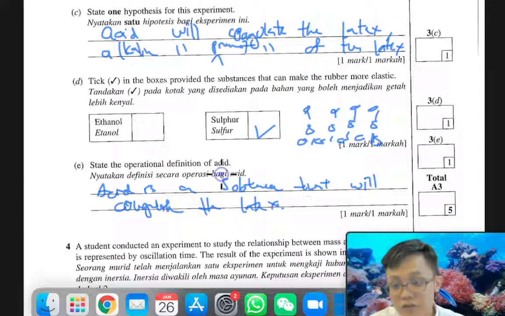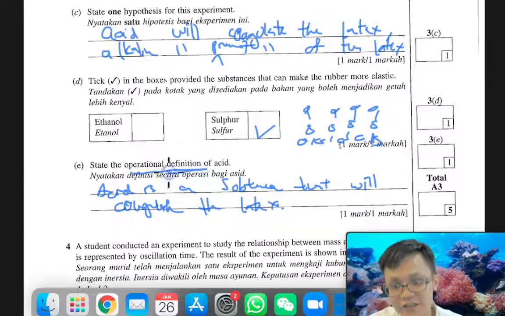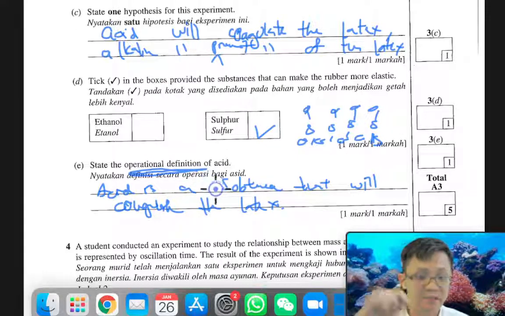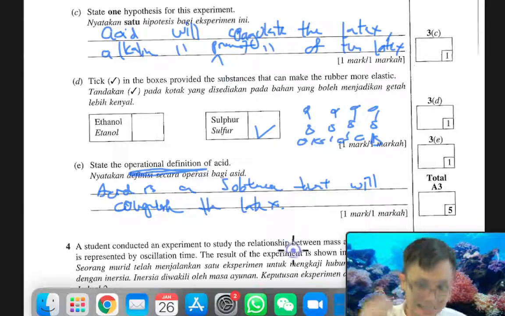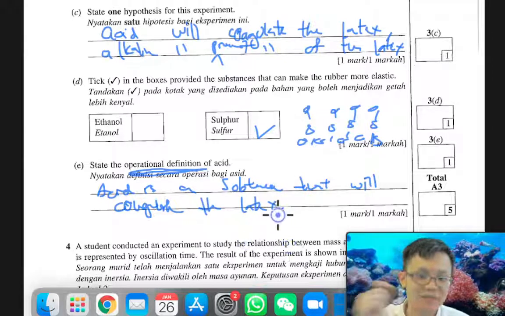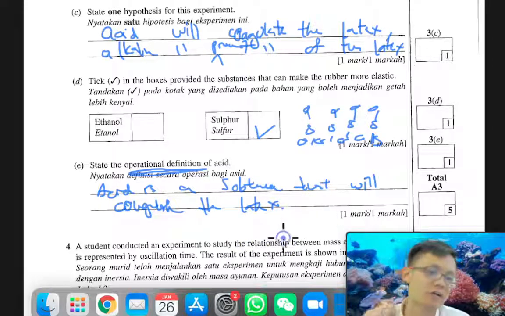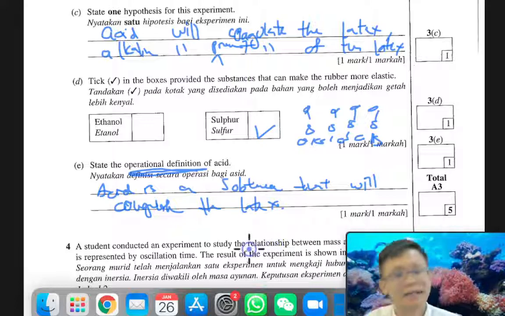Yes, very good. So again, operational definition is what you are talking about when you are doing this experiment. When I say acid, it means acid is a substance that will coagulate the latex. So very good.